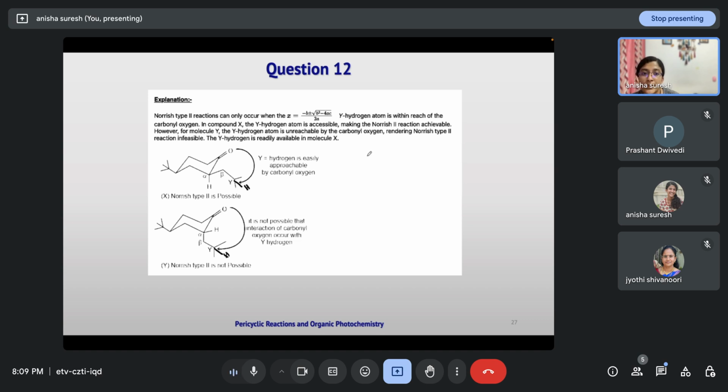Okay, so in this case, O dot, carbon dot will be forming after irradiation.